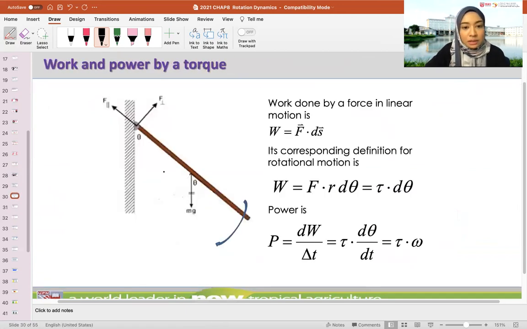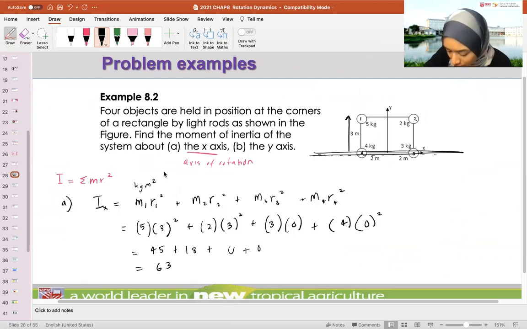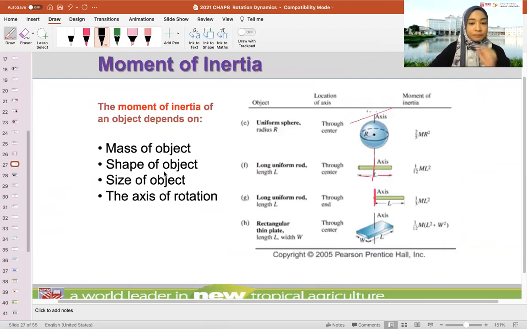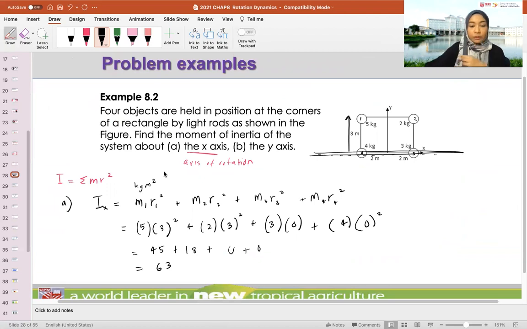We can do it ourselves, but kilogram meter squared, just like that. I'm assuming they just use this equation, there's no other substitute. So M is kilogram, R is meter, so meter squared. So you get kilogram meter squared. So don't forget your units. Okay, so that is how you do part A.